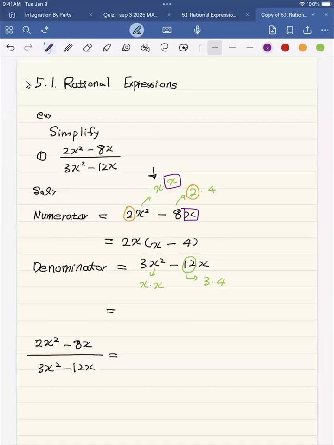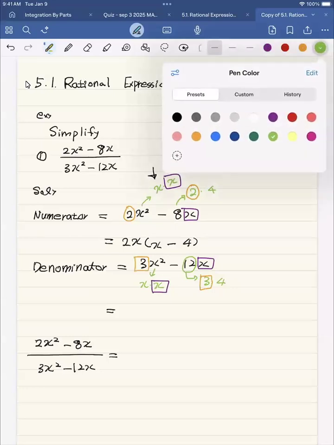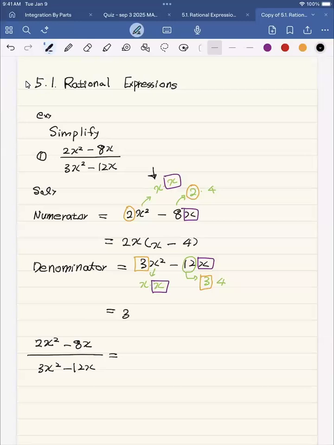So these two x's appear in the first and the second term, and 3 are the common factor. So we take out 3x, then 3x open parenthesis. The remaining one is x from the first one, and minus 4 from the second term.